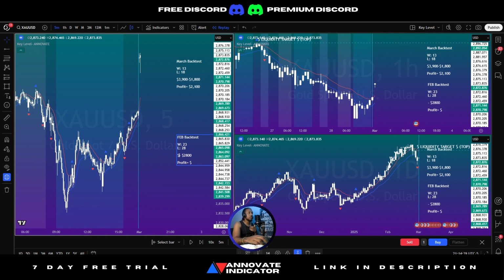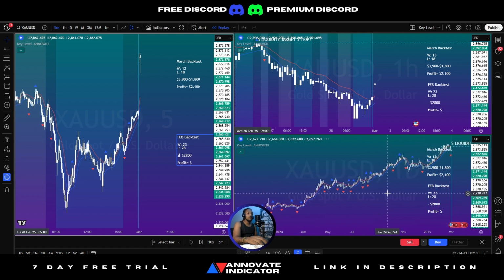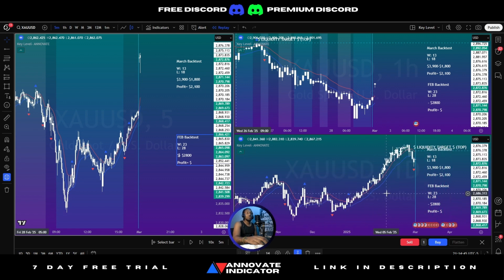This would have just been one of those anomalies, like crazy runners, but it's not really that crazy. Gold, yes, was pushing, and you can probably do this for the index funds and things that just move all the time. You can literally trade this same system and make crazy money on, I can't say a day-to-day basis, because as you just saw I didn't get trades every single day on this, but you can get it on a frequent, month-to-month basis.